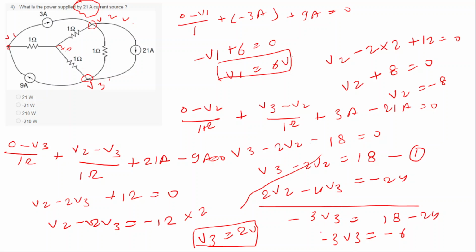The higher is 2 volt, minus the lower potential of minus 8 volt, so the voltage across this terminal is 10 volt. 10 volt multiplied by the current, 21 ampere, equals 210 watt. This power is supplied by this source, so the answer is C, the third one, 210 watt. Is that clear?